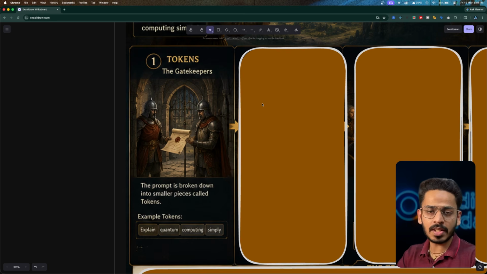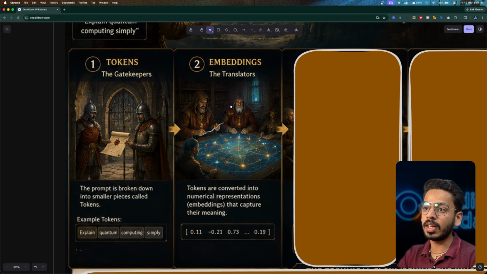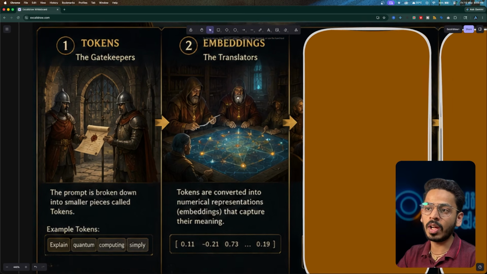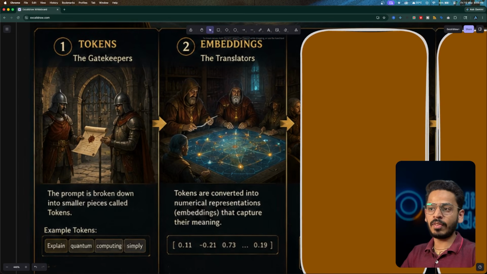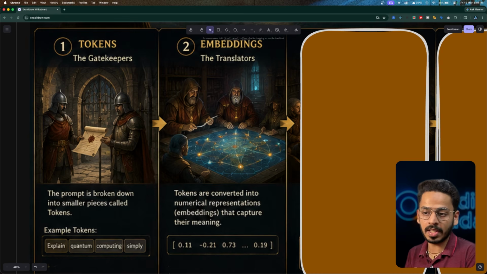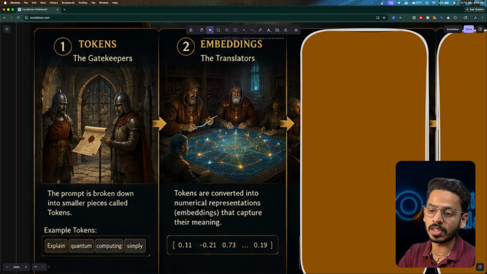Next, once the tokens are generated, the next step is to convert the tokens into embeddings. Here we have a series of translators sitting who convert the tokens into a numerical representation that captures the meaning of the tokens.